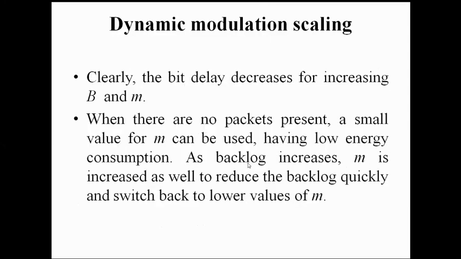When we talk about MRA quadrature amplitude modulation, when we increase the symbol rate, the delay is greatly reduced. If the delay is reduced, we can convey the information from source to sink at a very high rate, so that we can achieve sleep mode, right?